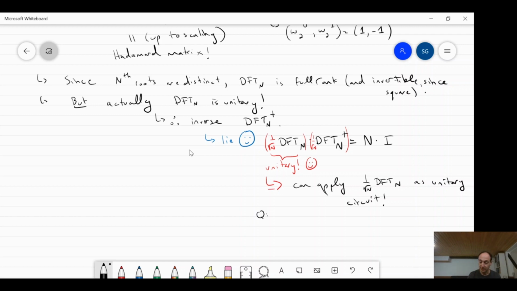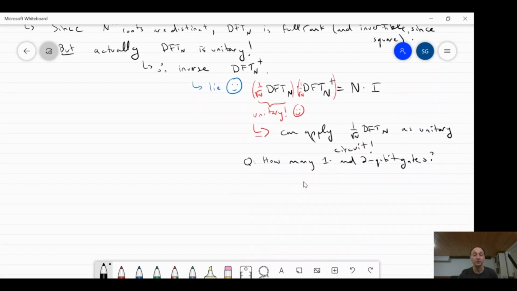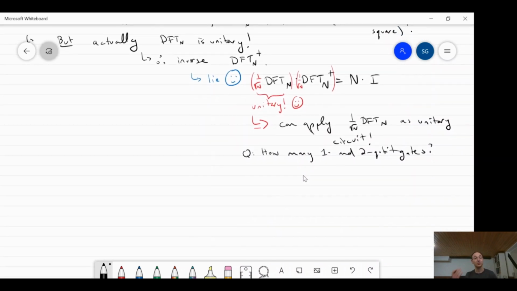So the main question is how many 1 and 2 qubit gates to implement this. And there's a bit of a problem, because typically the number of qubits for us, which is the metric with respect to which we measure efficiency, is exponentially smaller than the dimension for quantum states.